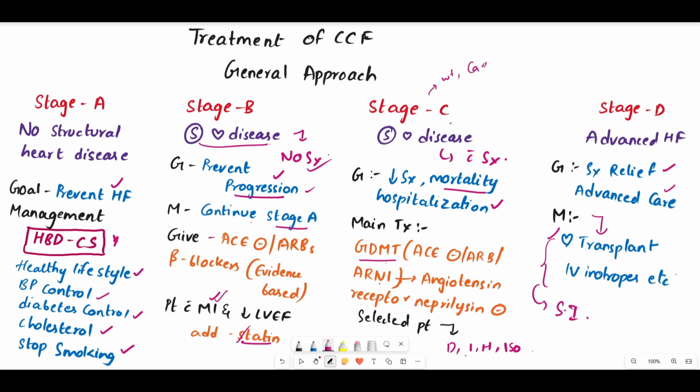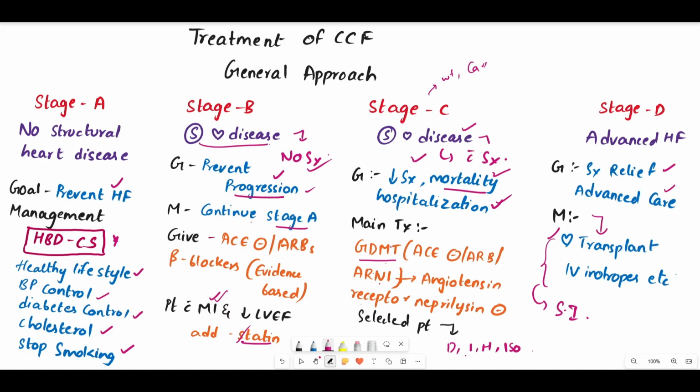Coming to stage C, here there is a structural heart disease. Along with that, symptoms will be present in this condition. So here the main goal is to reduce the symptoms, to reduce the mortality, and to reduce the hospitalization. Here the patient will receive the GDMT, which is simply the guideline directed medical therapy.